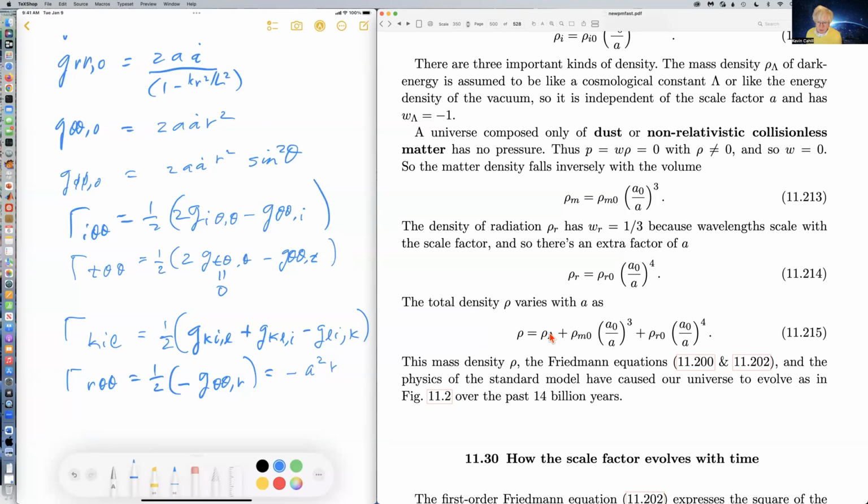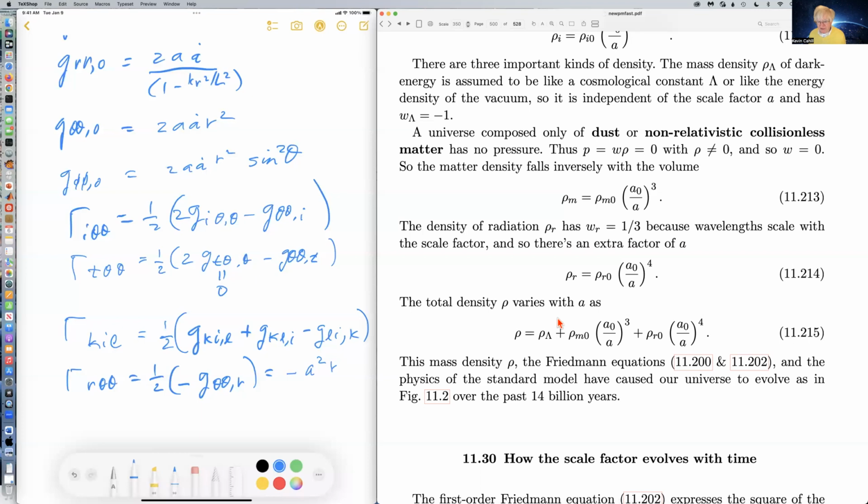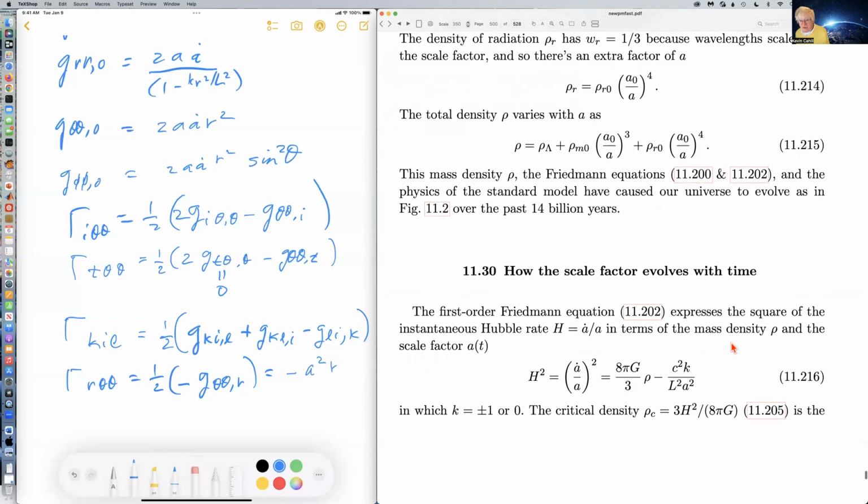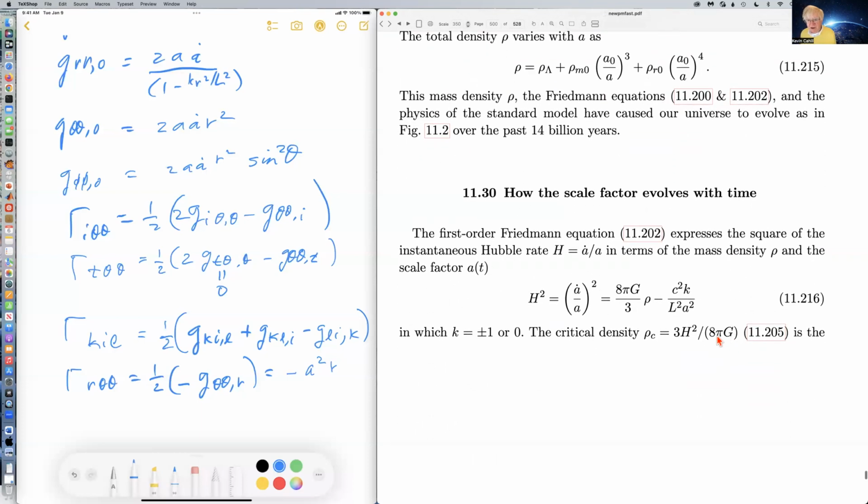That simplifies the equations and means we can then compute things and compare with astronomy, but we don't really know that. I mean, there could be a term that's 1 over A squared, another term that's 1 over A, and it could be a term that's 1 over log A. I mean, you just don't know. So this is a simplifying assumption. We don't really know what's going on.